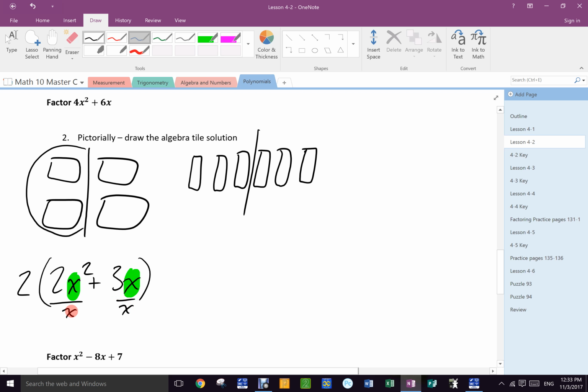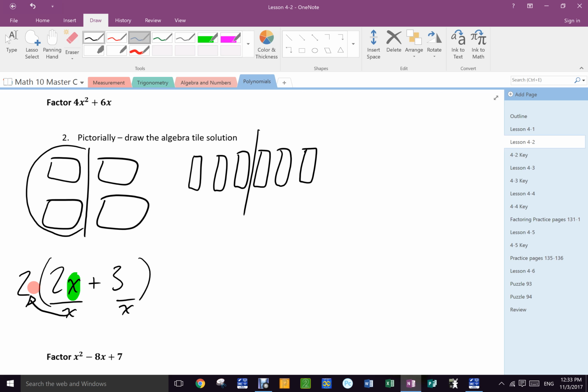Where does it go? Out to the front. What happens to these 2 x's if I take out one of them? I get 1 left. Do I write x to the 1? No. What happens to this x? He's gone. And what happens there? I put an x. That's doing this with a picture, yes?